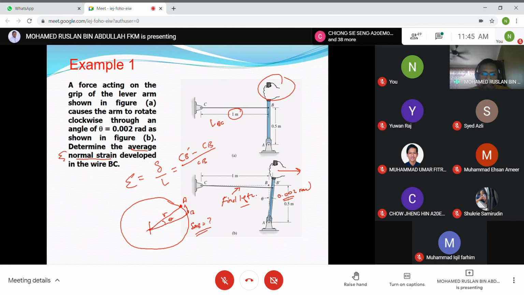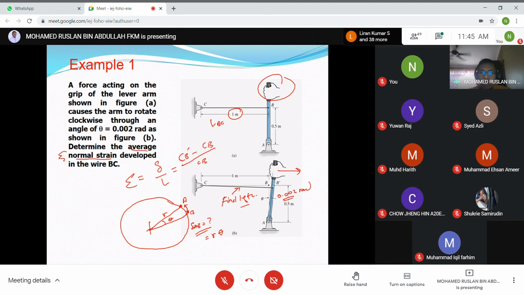What is the formula? R theta. Yes, correct. This formula is valid if the angle is small. If the angle is not small, you cannot use this one.